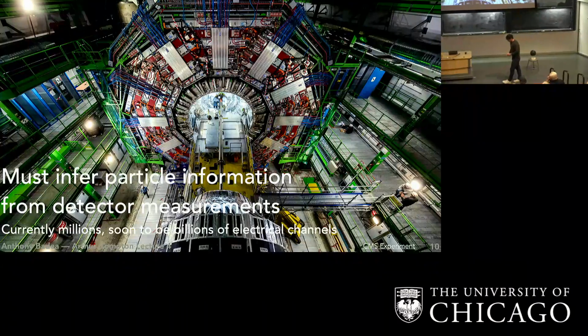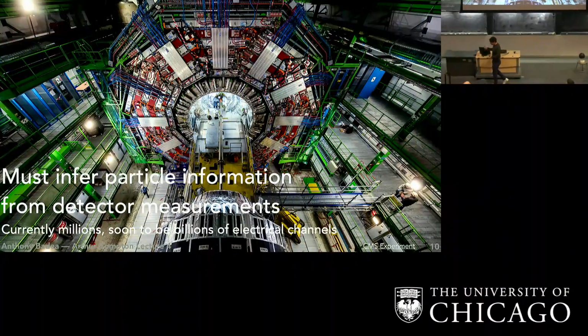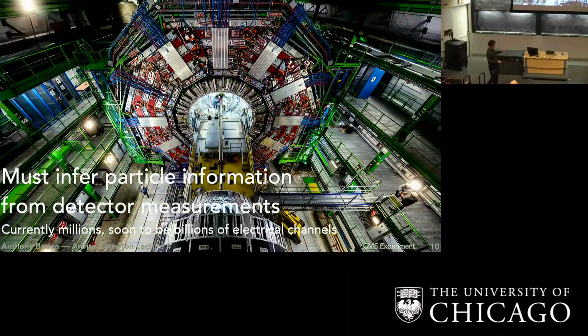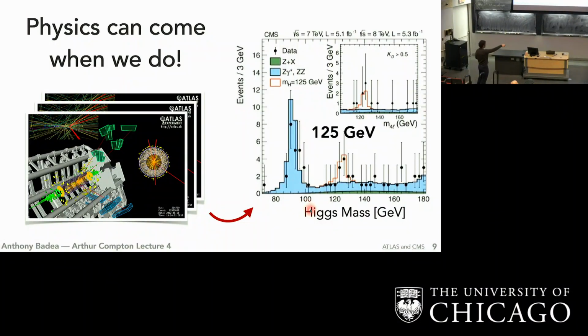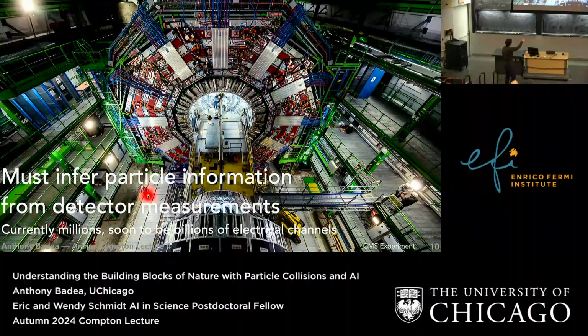And so an important piece in all of this is that we need to make inferences about the particle properties. So like I just showed you one, which was a particle mass. We need to make inferences from measurements of all of these electrical channels. So in the current generation of experiments, we have millions of electrical channels.